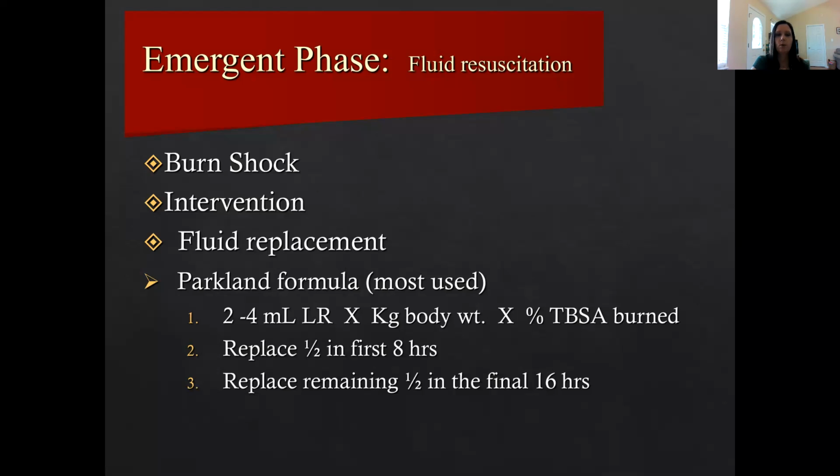For example, we have a burn who we'll say is electrical. Our patient weighs 100 kilograms and they have 30% TBSA. So you would do 4 mLs times 100 times 30. That's your total volume. With that total volume, half of it is replaced within the first 8 hours, and the other half is in the final 16.